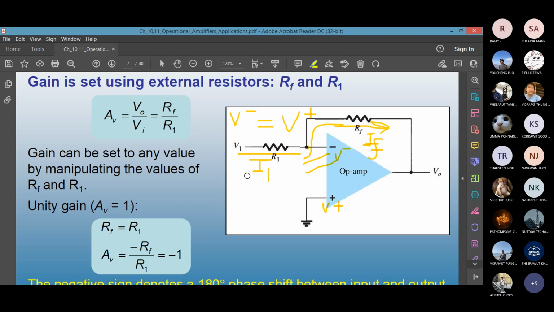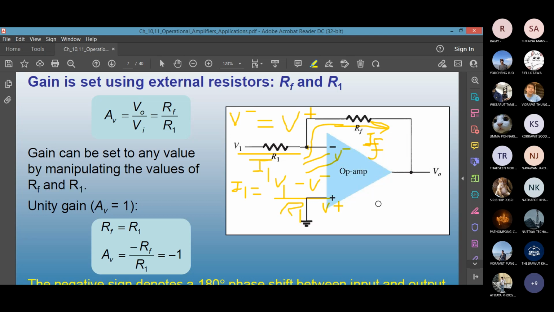So what's the equation of R1? If you use Ohm's law, this is V1, this is V minus, and R1. I1 equals what? I1 equals V1 minus V minus, the difference between the 2 points, divided by R1.